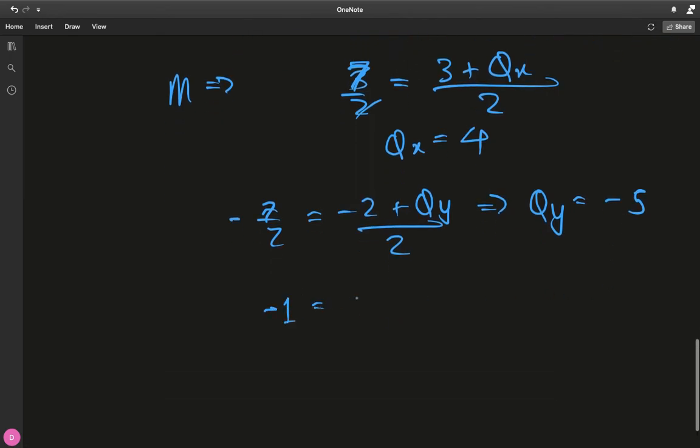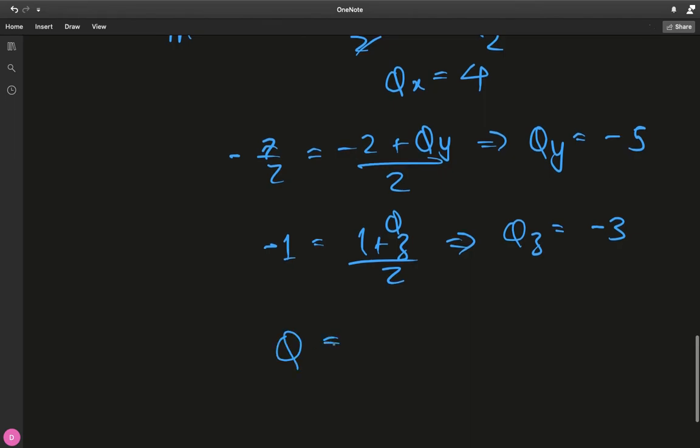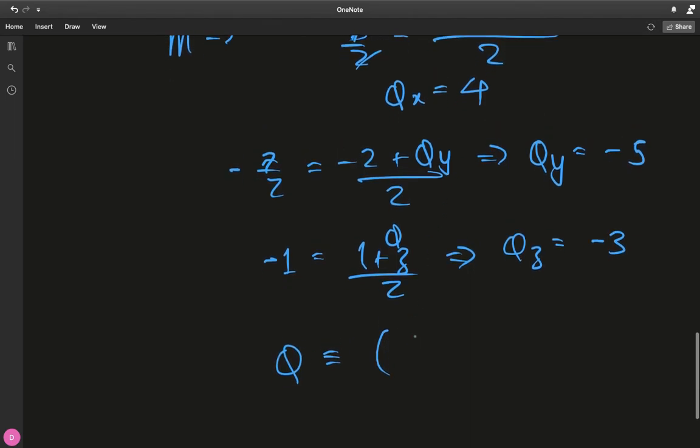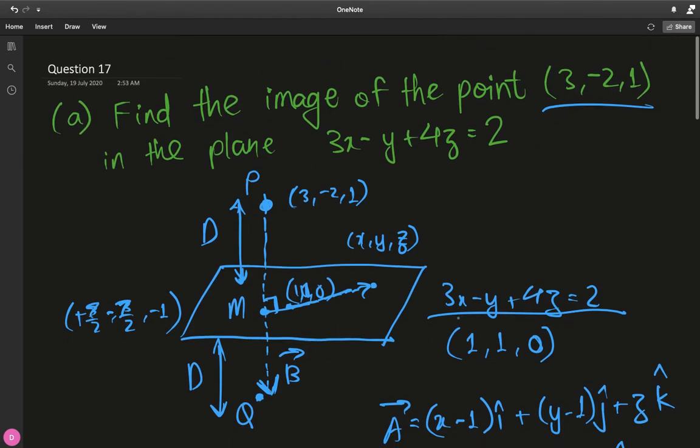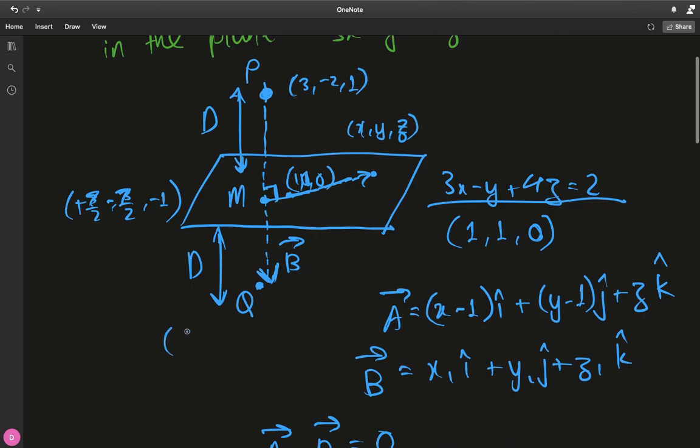So negative 1 is equal to 1 plus q sub z over 2, so q sub z is equal to negative 3. So Q is now represented by, we know the x coordinate 4, the y coordinate negative 5, and the z coordinate negative 3. So this Q just turns out to be 4, negative 5, and negative 3. That's the image that we want.